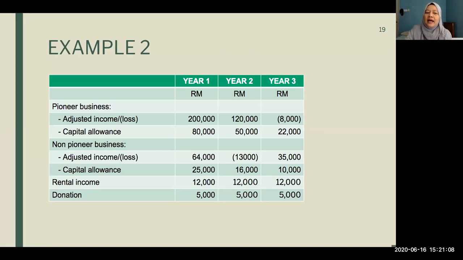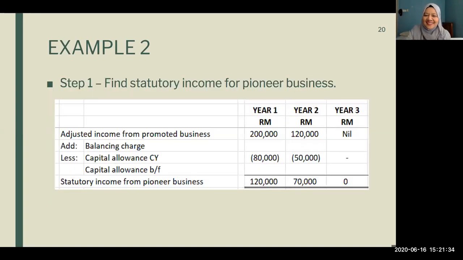But what is your SI from non-pioneer? What is your statutory income from your non-pioneer? Hello? Connection loss. 0. Alright, this is your pioneer 70,000.